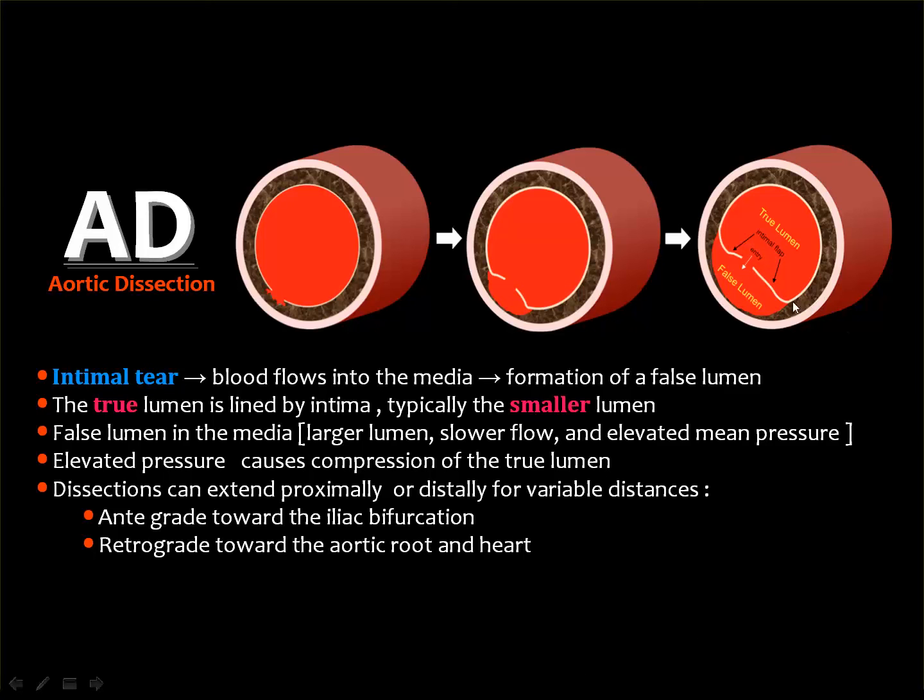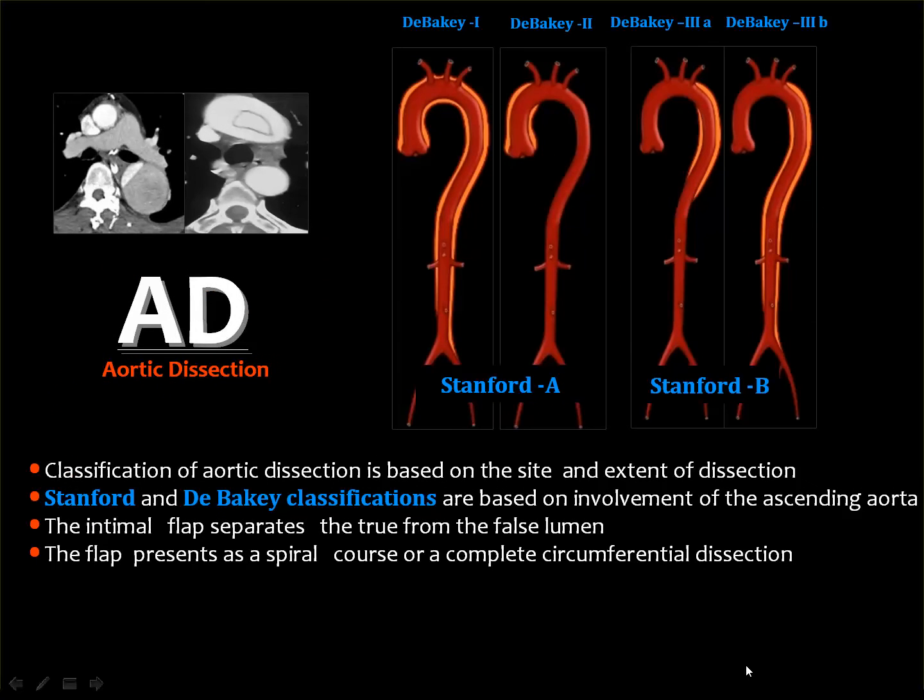The dissection or the dissecting intimal flap may progress antegrade, reaching the iliac bifurcation, or retrograde, reaching the aortic root and heart. There are two types of classifications of aortic dissection, and all depend on the involvement of the ascending aorta.